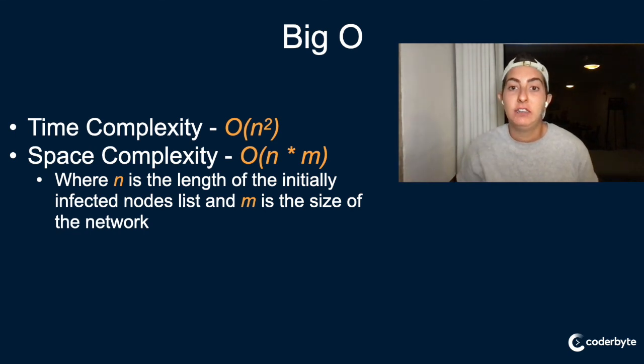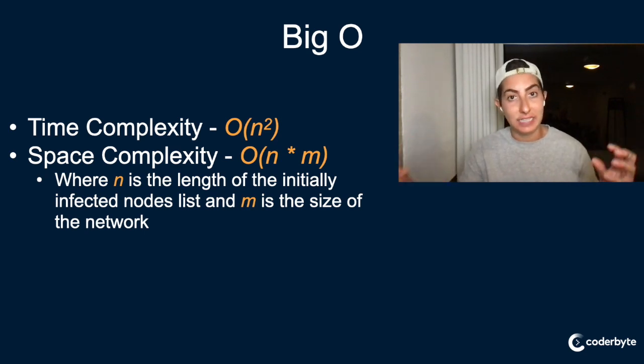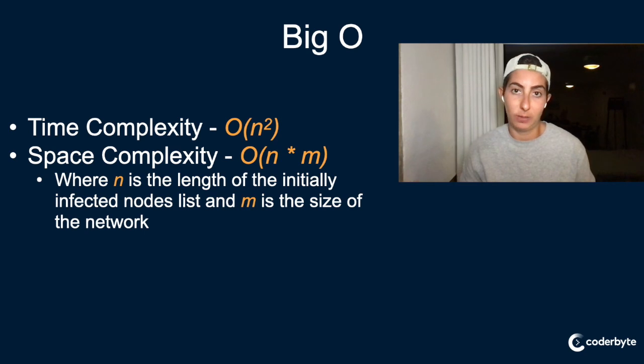And with every single initially infected node, we are also going to have to track how many nodes are in the graph. That array that the disjoint set has inside of it is going to grow with m, which is the size of the network. So important to keep in mind, this is an expensive algorithm.